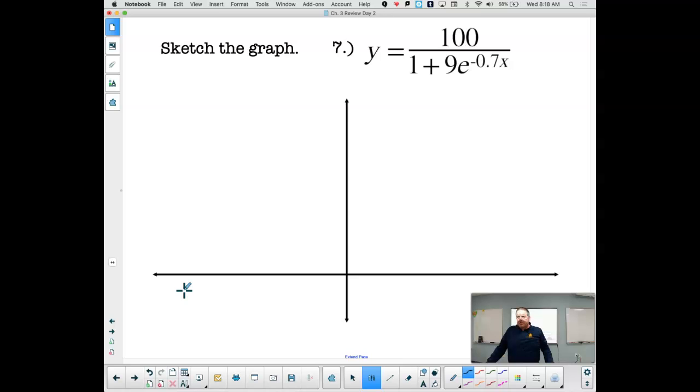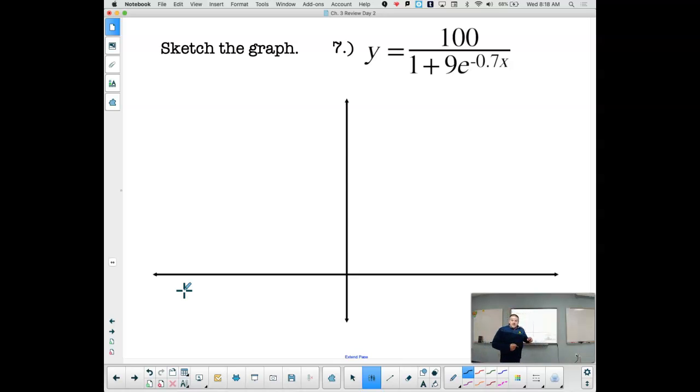Exponential, logistic, logarithmic, one of those three? Drew, what kind of a function do you think this is? Logistic, yep, exactly, because it's exponential, but the exponential is in the denominator. So this is a logistic function.